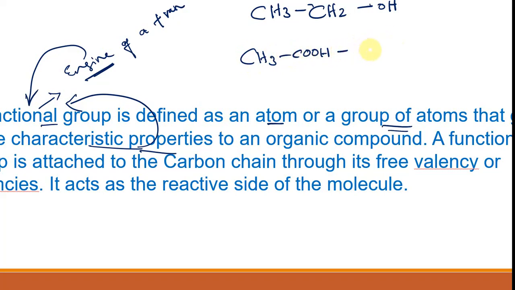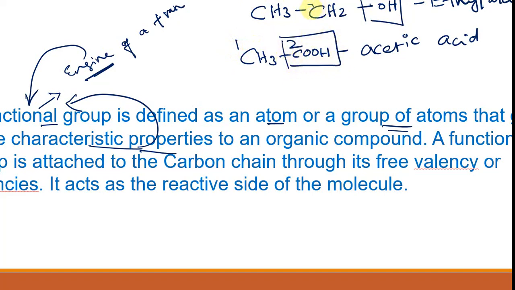This we call acetic acid, and the other is called ethyl alcohol or ethanol. Here this has the functional group alcohol with two carbon atoms. This also has two carbon atoms, but the functional group is acid. So the properties of these two compounds differ a lot. Both have two carbon atoms, but the functional group differs.